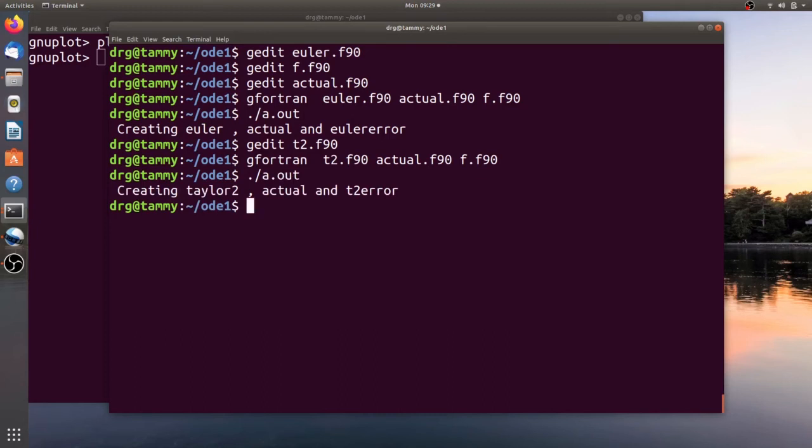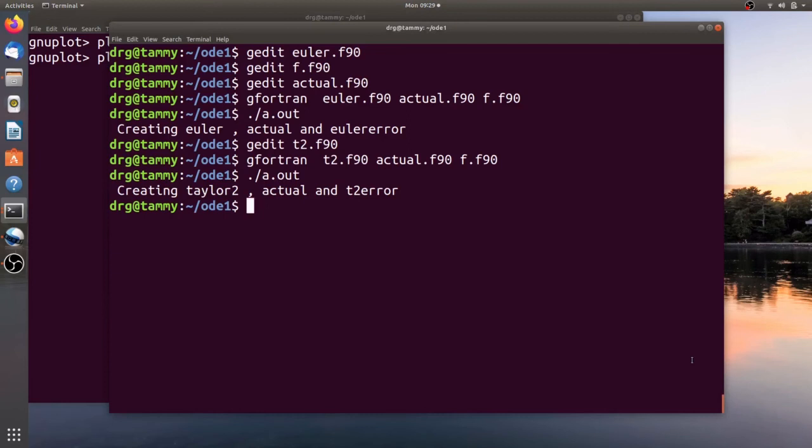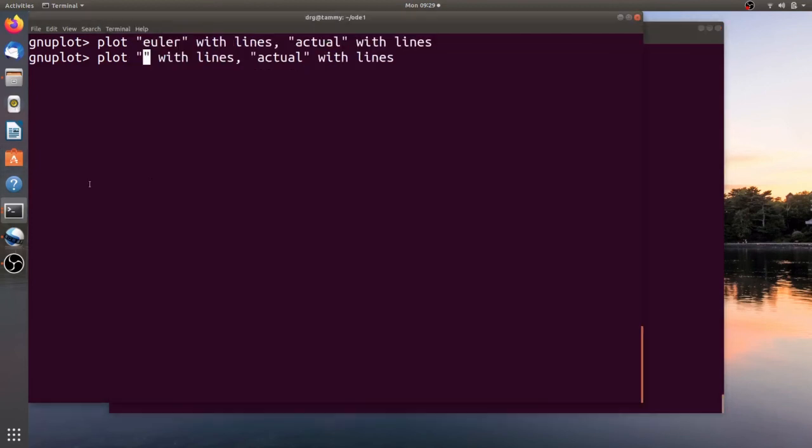It created a file called Taylor2, actual and T2 error. Taylor 2.